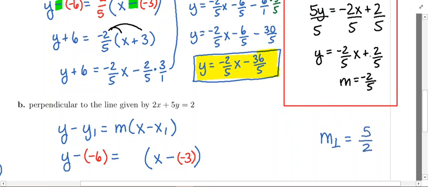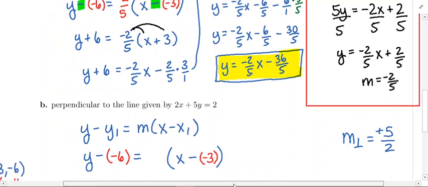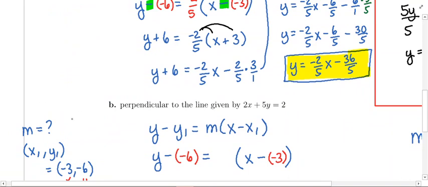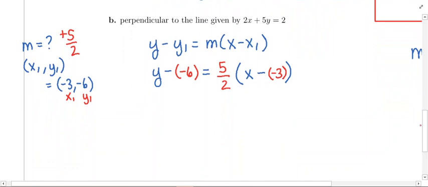It's a negative slope, so it will change to positive. So the slope of the line we're looking for is going to be positive 5/2, and that's what we're going to plug in for the m value. So that's the difference between part A and part B. Now we're dealing with a perpendicular slope instead of a parallel one.